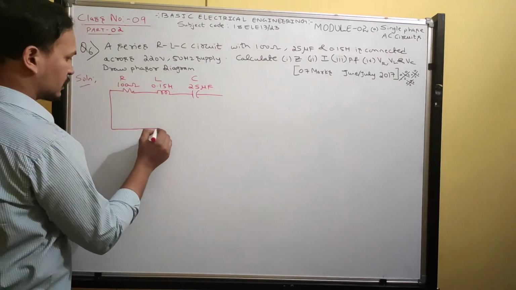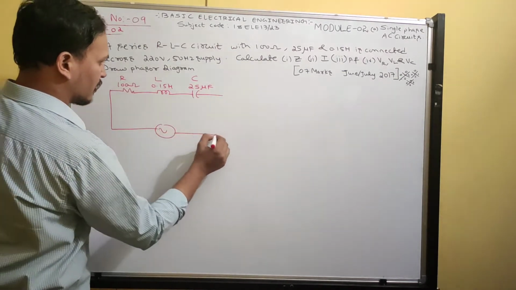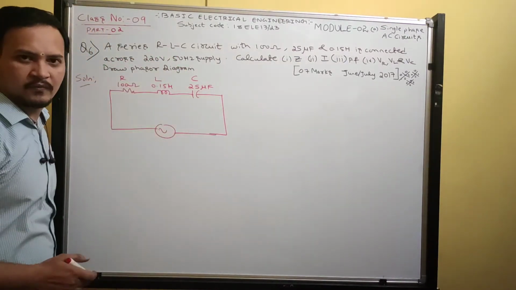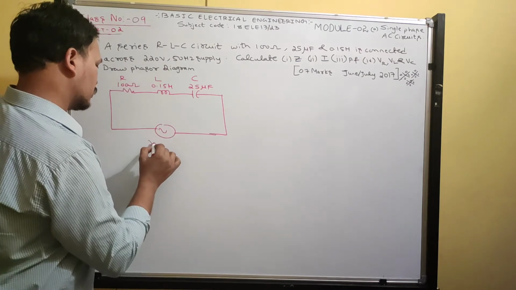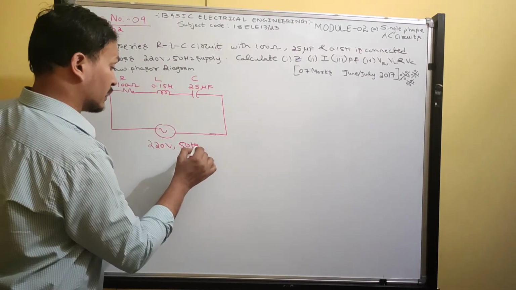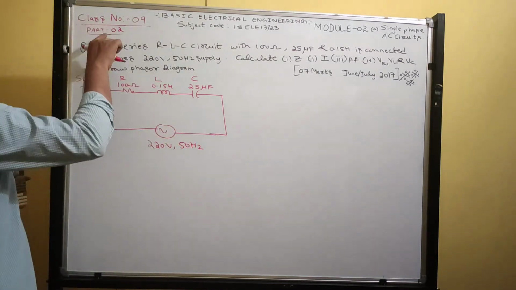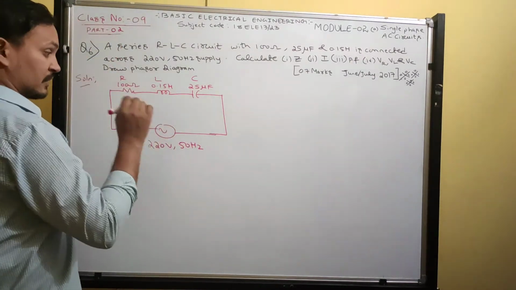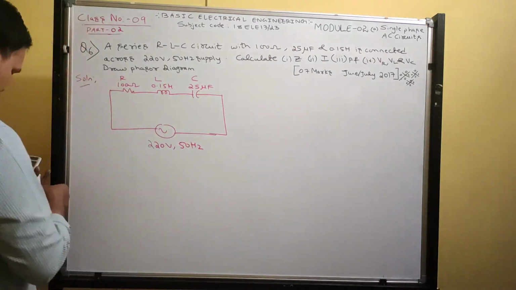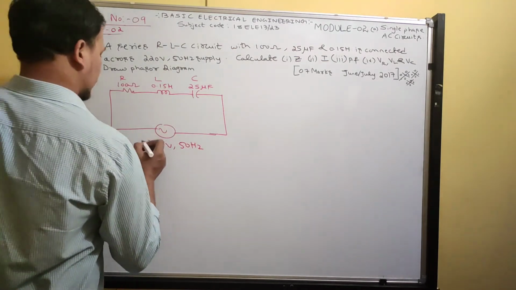The circuit is connected across a 220 volt 50 hertz supply. This problem we already did, the very first problem in part 1 of my lecture. So just the data is changed. Look here, this is the data given.